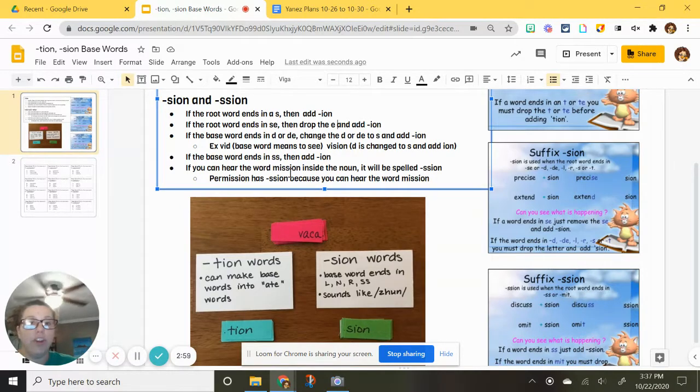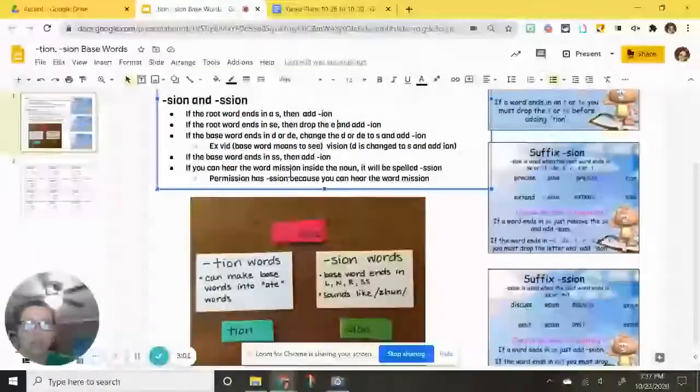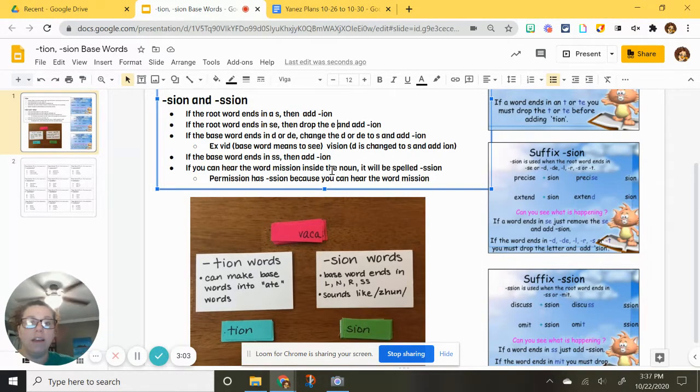Instead of adding a third S, which would make no sense, you just go ahead and add on the ion. So we will be doing a few of these practices here. And just remember, the base words for sion are going to be those Greek and Latin roots that we are starting to learn about. So let's go back to practice.